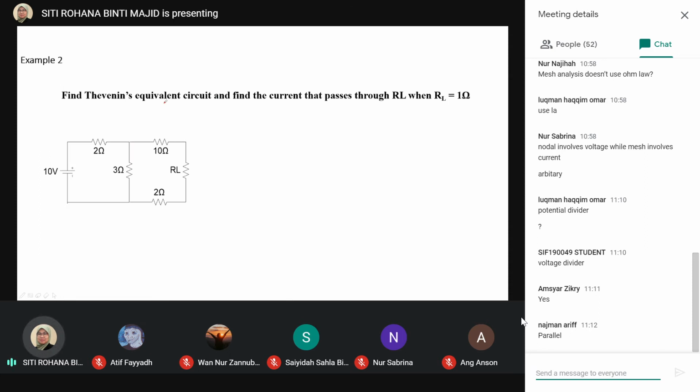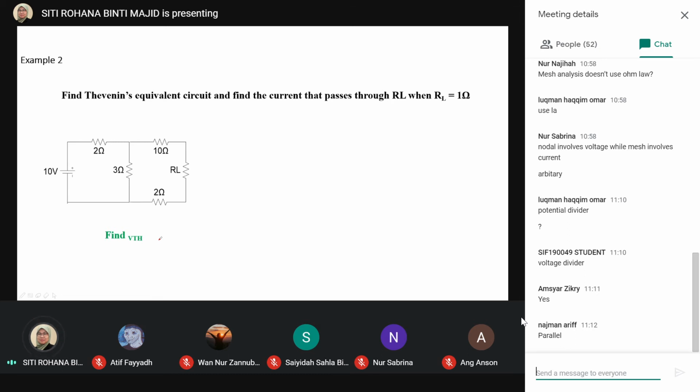So second example, we want to find the Thevenin equivalent circuit and calculate the current that passes through RL when RL is 1 ohm.